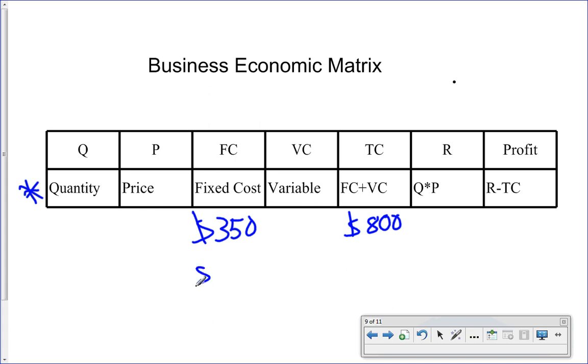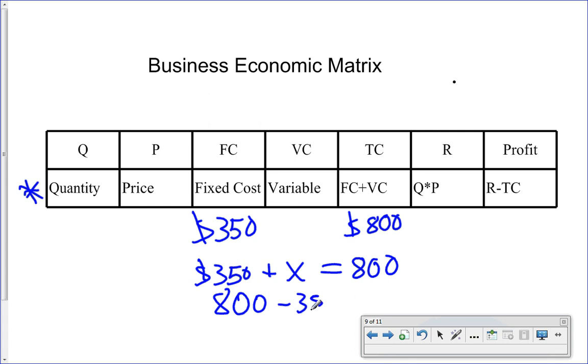And we can figure out by saying $350 plus X, because we see that total cost is just fixed cost plus variable cost. So 350 plus X equals 800. Or what we can say is 800 minus 350 equals X. So by looking at that, we can determine that his variable cost is $450.